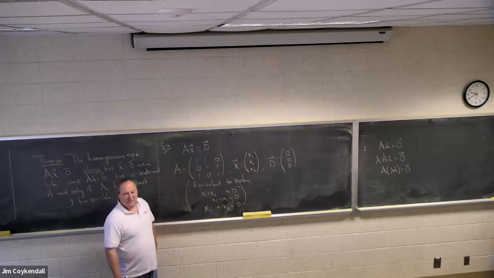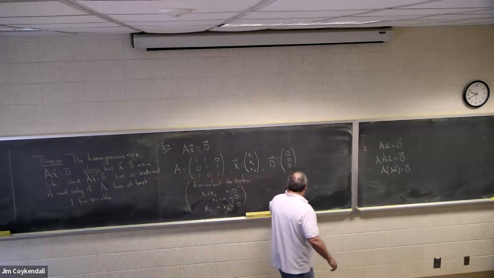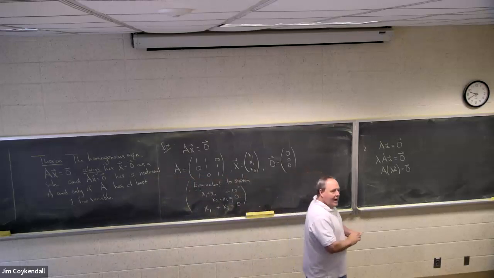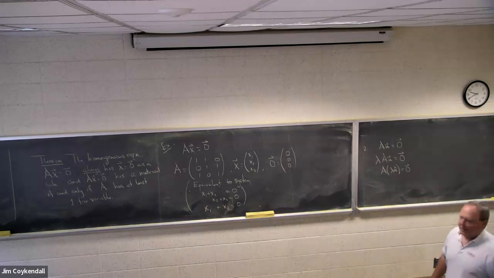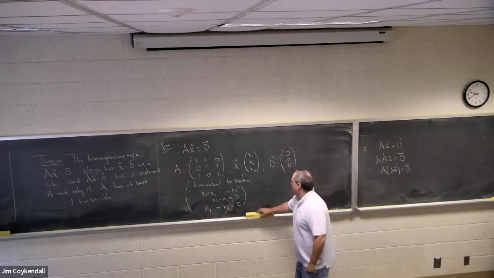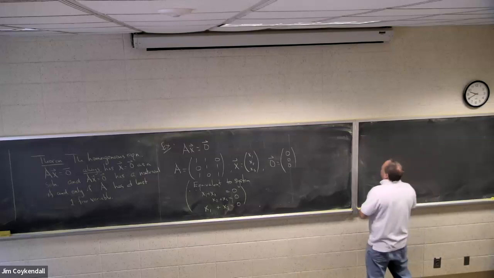It's equivalent to this system. For this example, I am actually going to write my augmented matrix, but in the future with homogeneous systems, sometimes I might omit that last column since it stays all zeros. And you'll see that here.